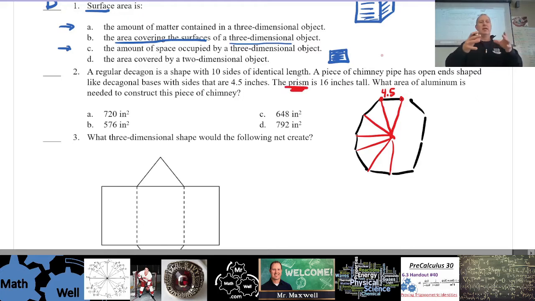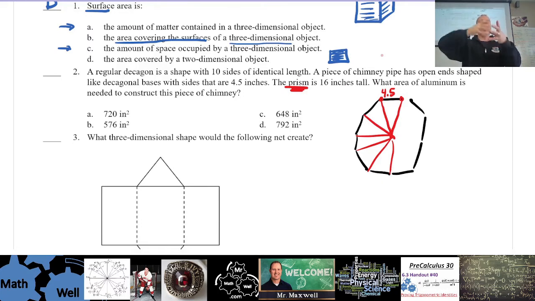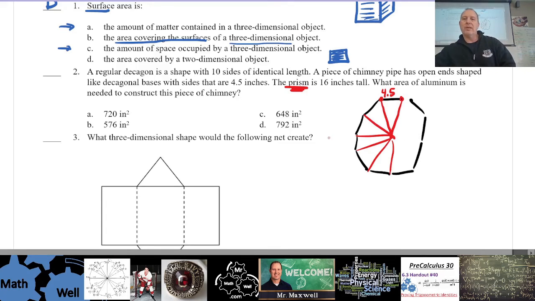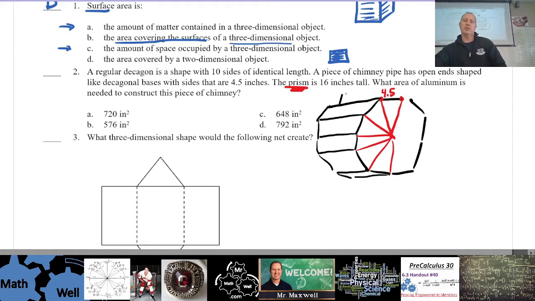So a prism has the same area of base on the bottom and top, and it's three-dimensional. So I'm going to draw the sides going down this way. So it'd be like a prism like this. And this is 16 inches.